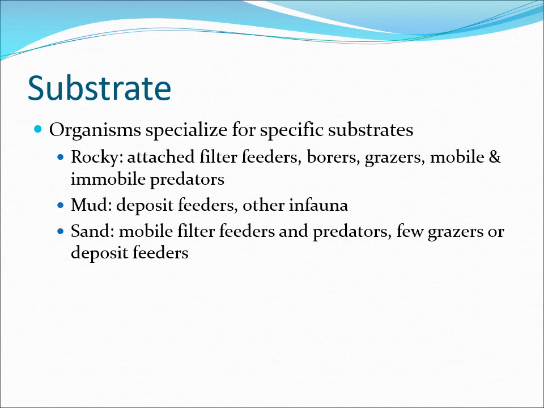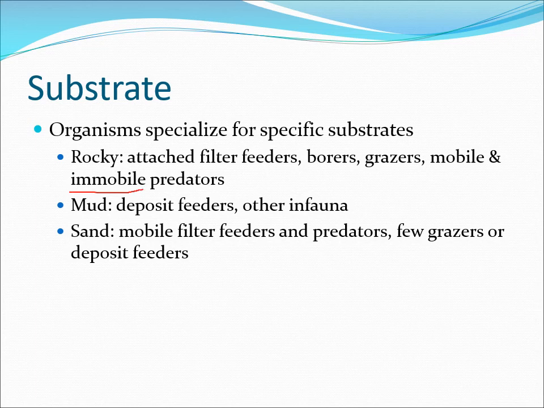Now, we may consider mainly three types of substrate found in nature. The first one is the rocky bottom substrate, that is the hard substrates. Here mainly the organisms which are attached, which are sessile, which remain fixed in their position, are found in those areas. That is the immobile organisms.